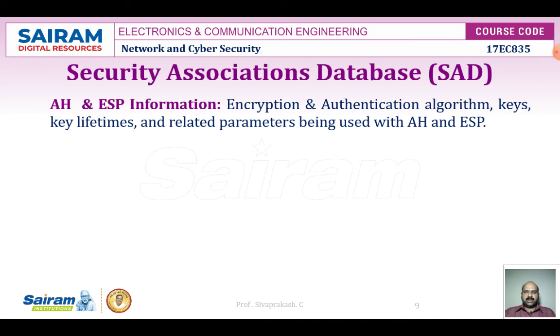The ESP information describes the encryption and authentication algorithms, the key used for the security process of encryption, the initialization vector (IV) values, and specifies the key lifetime and related parameters used in the encapsulated security payload. So this is defined in the AH and ESP information.